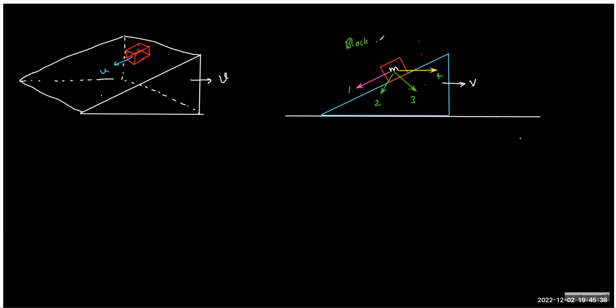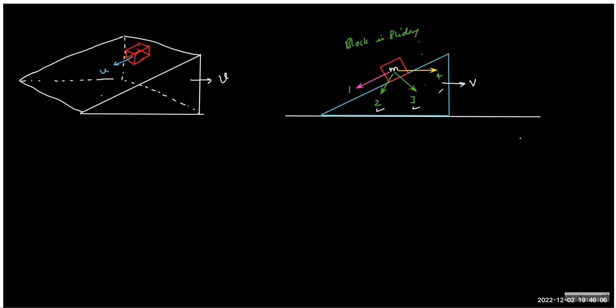So what is the direction of motion of the block? 1, 2, 3, 4, tell me. 1 or 2? Sir, 2 or 3. Excellent, very good. It is 2 and 3. One cannot be the direction of motion, isn't it? Tell me why.